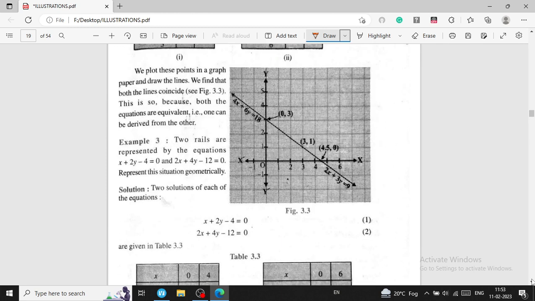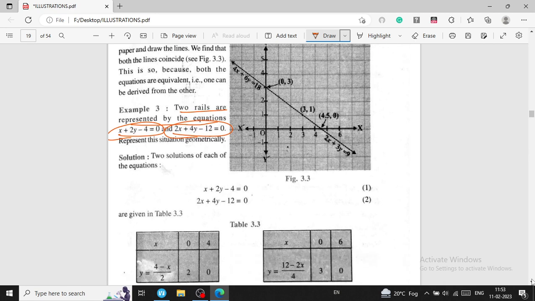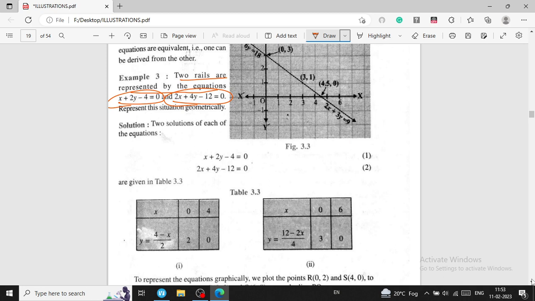And now the next question is given: two rails are represented by equations. The first equation is given this, the second equation is given this. You can take here 0 or 1, or you can use this method. When you put 0, then you can find 2y.